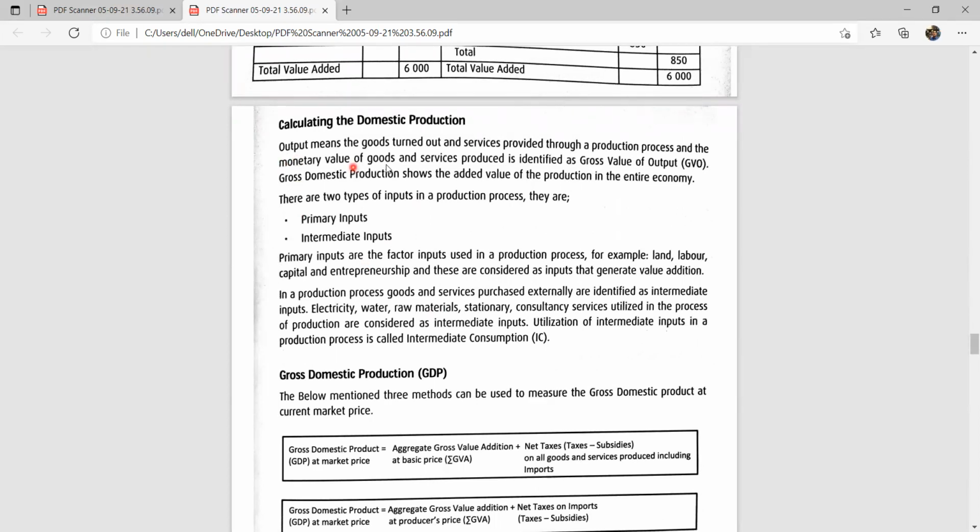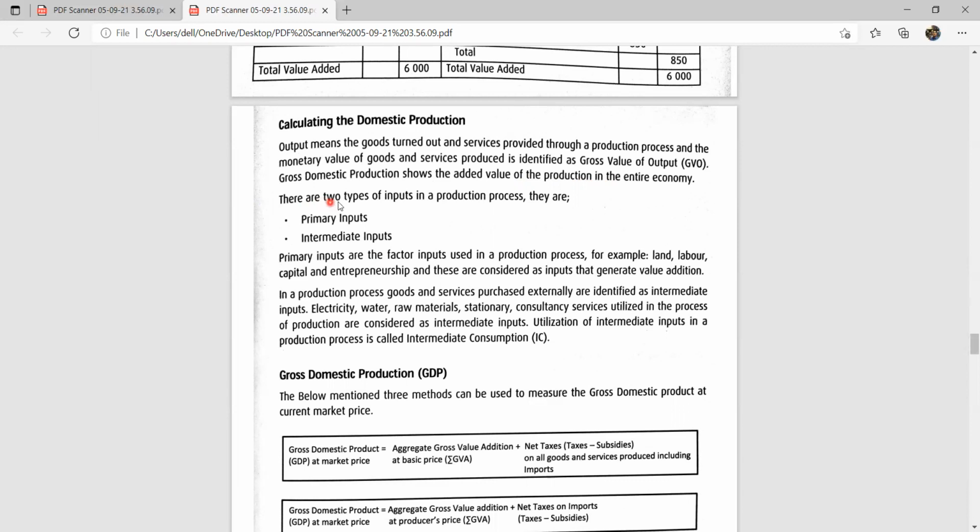See here, output means goods turned out and services provided through a production process, and the monetary value of goods and services produced is identified as gross value output, GVO, the total monetary value of goods and services. Gross domestic product shows the added value of production in the entire economy.